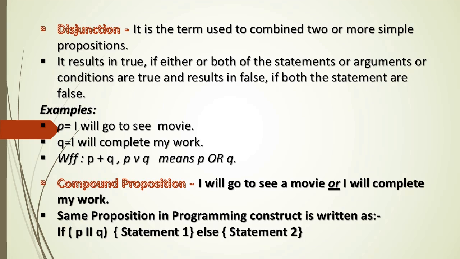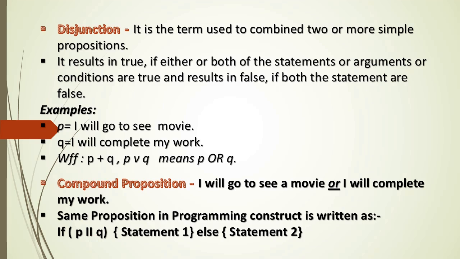The same thing we can define in our programming construct as: if P or Q, then statement 1, else statement 2. That means if P or Q, one of these conditions or statements is true, then statement 1 will be performed. If both the statements are false, then statement 2 will be performed.